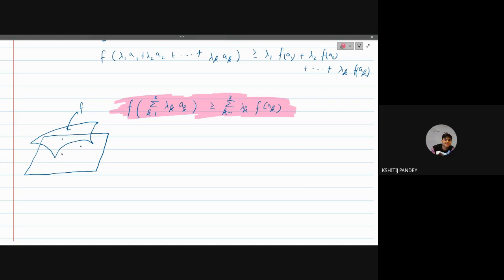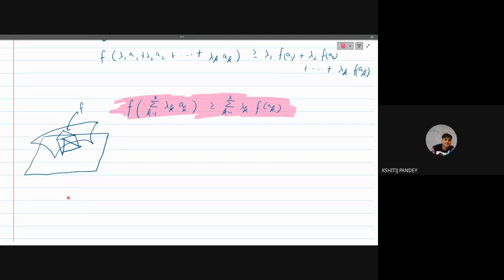So these are the 3 points. You can move anywhere, and the linear interpolation will always be lesser than the function's value. The graph of the function is above this, if you can imagine this.